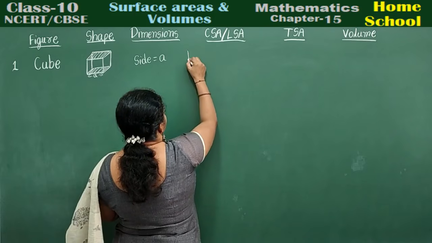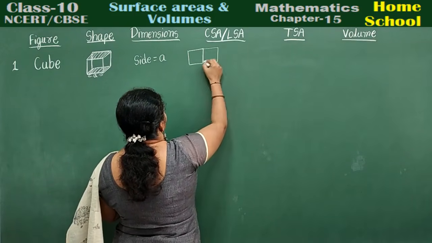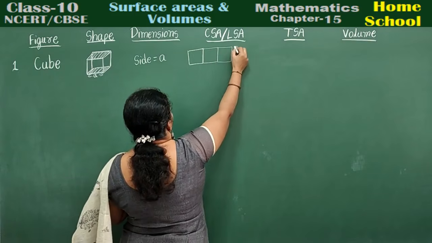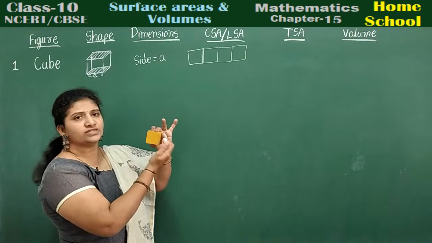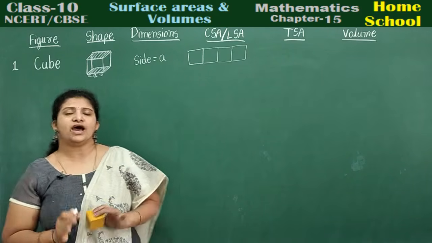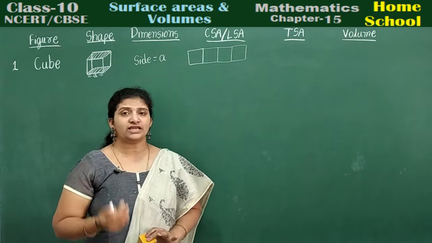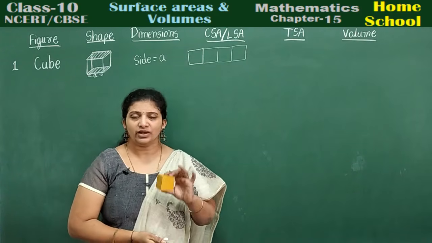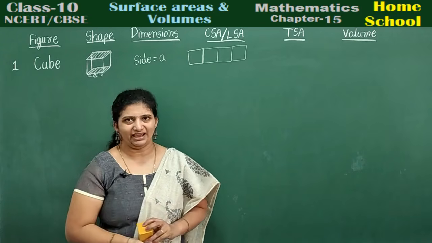Look here children, easy to understand: 1, 2, 3, 4. These 4 sides are only called the lateral surfaces. Suppose we are in a room, all the 4 walls we call the curved surface area. For lateral surface area we consider only the area of the 4 walls.